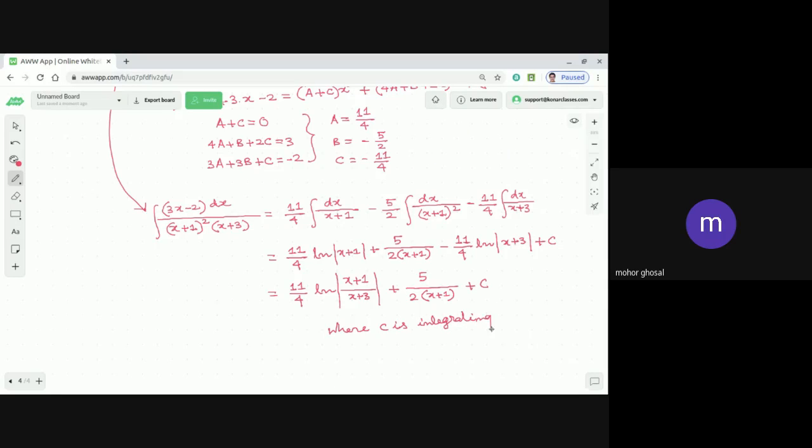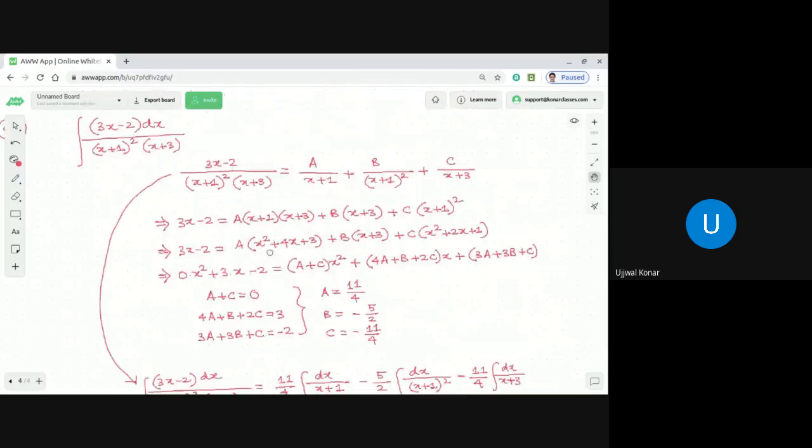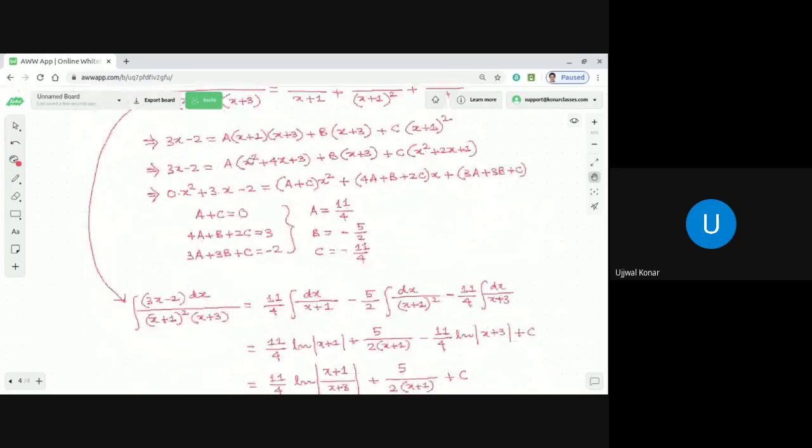Clear or not clear? Any doubt at any point of time, at any step, never hesitate to let me know.